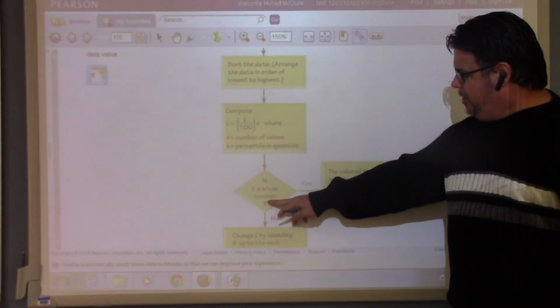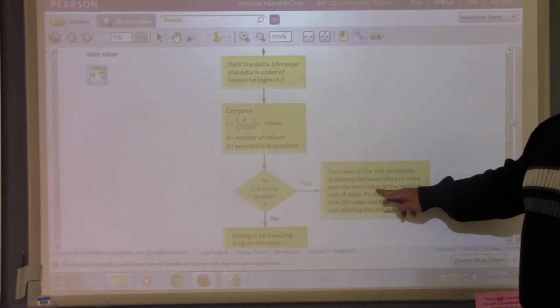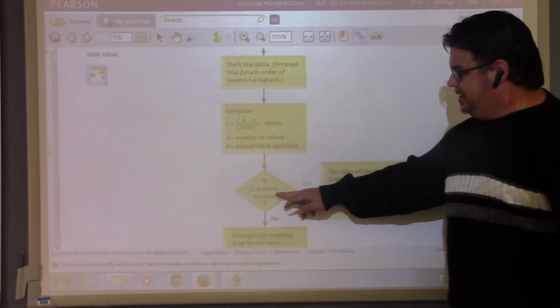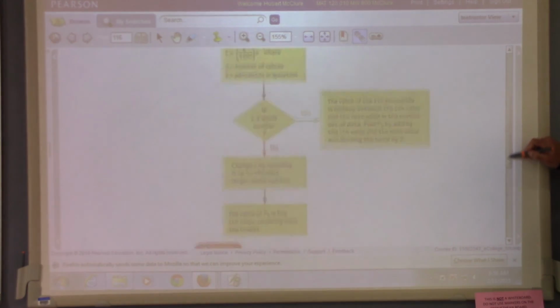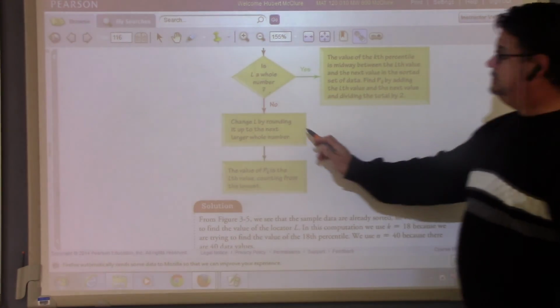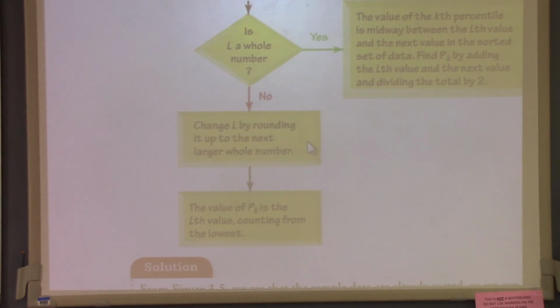What happens if L is a whole number? Then you count to that number. What happens if L is not a whole number? Write that down. You round up to the next number, and you count to that number. I don't care if it's 7.01.